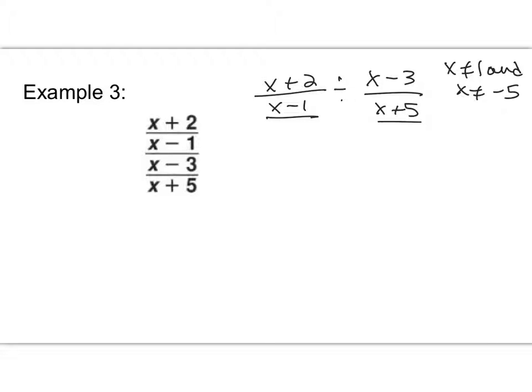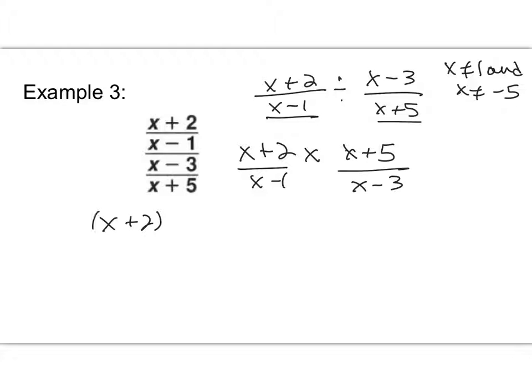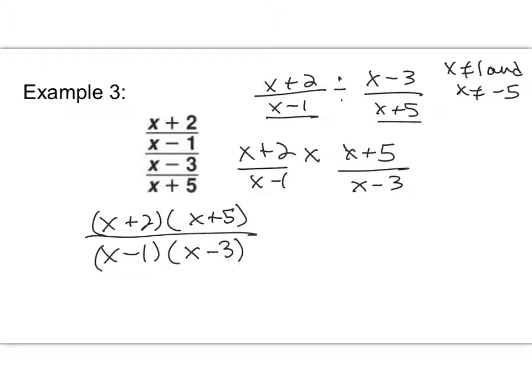Okay, I can reciprocate now and multiply. And I end up with x plus 2 times x plus 5 divided by x minus 1 over x minus 3.